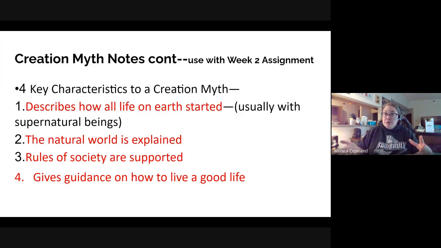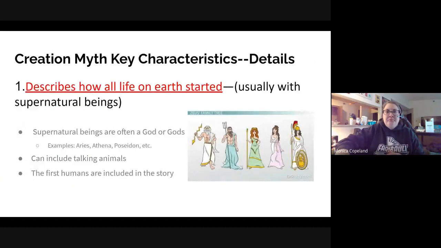An example of this in the Christian creation myth is the 10 Commandments, literally 10 rules on how you should live. Same thing for number 4. Number 4 and number 3 are very closely connected, and I'll talk in a moment about what the main difference is. The 4th one gives guidance on how to live a good life. So number 4 is more like elderly wisdom, whereas number 3 is the rules of that specific society. Number 4 is more general, more philosophical, if you will.